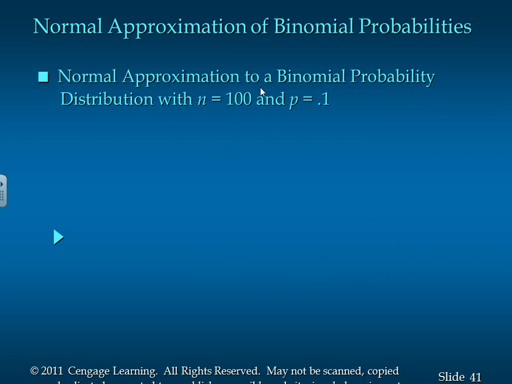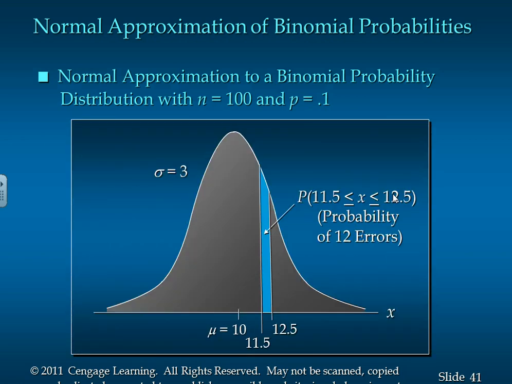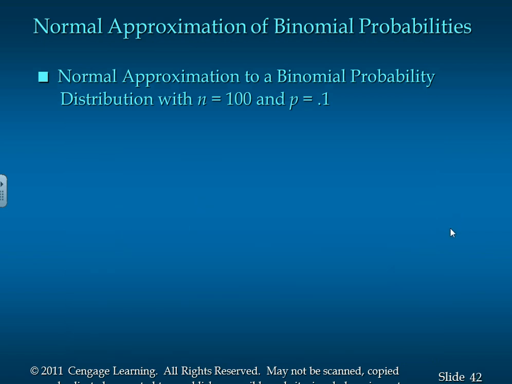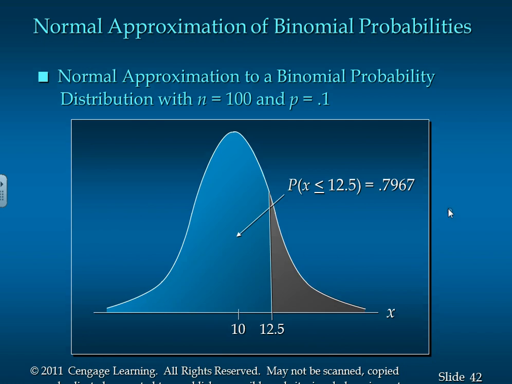The normal approximation to the binomial probability, n is 100, p is 0.1. We want that hunk of things between 11.5 and 12.5. So we're going to convert these to z numbers and go get it off our z graph. No, we're not.